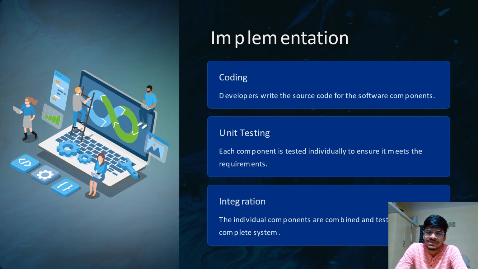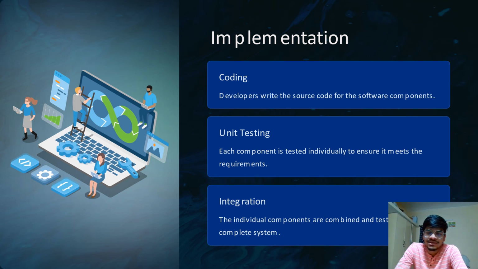Then we have unit testing. Before using it in a real-world scenario, you obviously have to check your product by doing some kind of testing, to see whether it works according to your expectations and gives the results you needed.